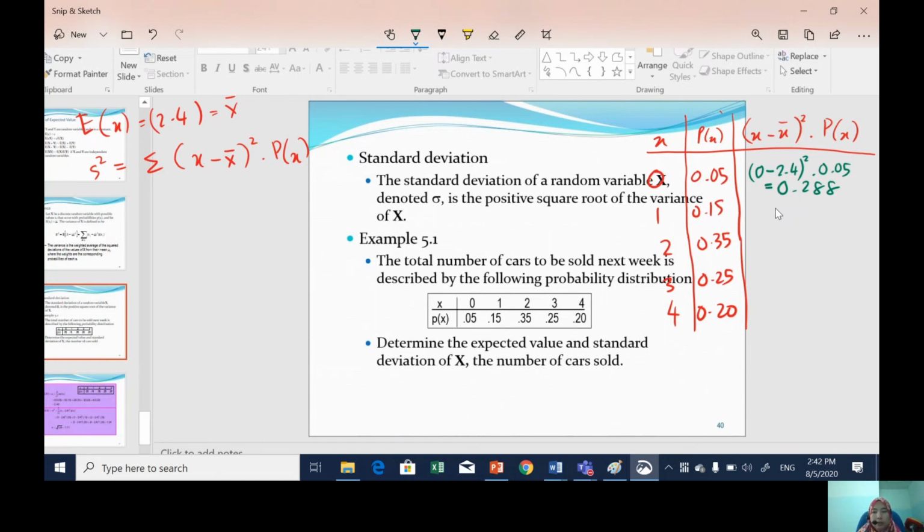So we have 1 minus 2.4, then squared, then times 0.15. So at x equals 1, we have 0.294. For this level, we have 2 minus 2.4 and then squared, then times 0.35. Its value is 0.056.